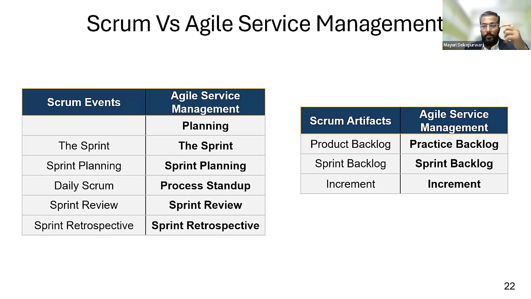So here, most of these events change. For implementing a new process or improving the existing processes or practices, we can use Scrum. We can use these events. But when it comes to managing live incidents, managing problems, managing changes, we are using Kanban as a framework most of the time, because Kanban is more of an informal way of working.